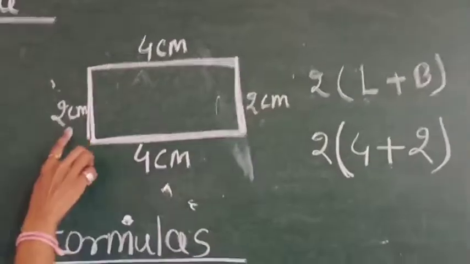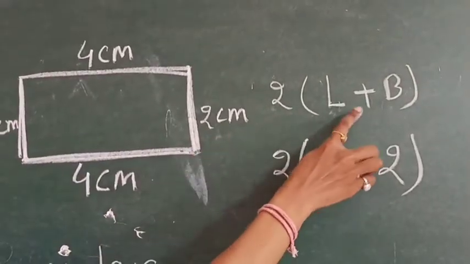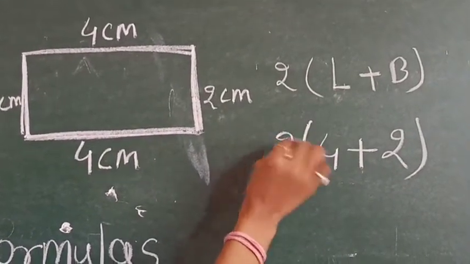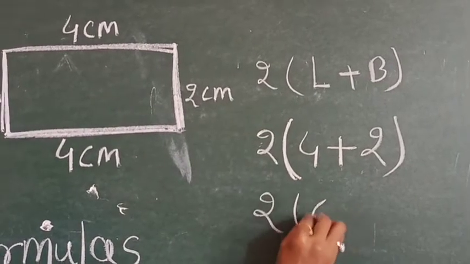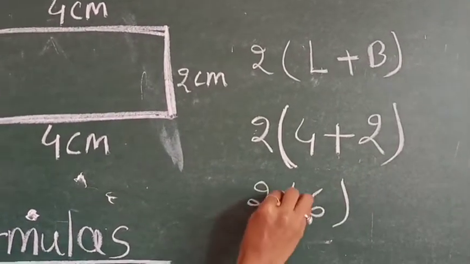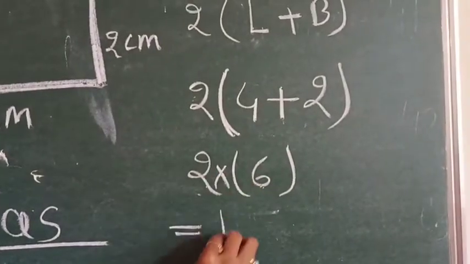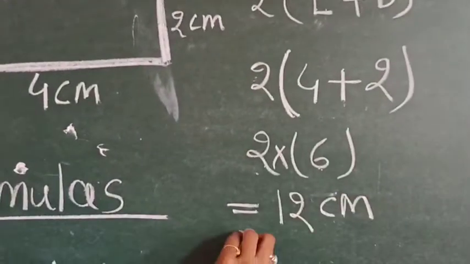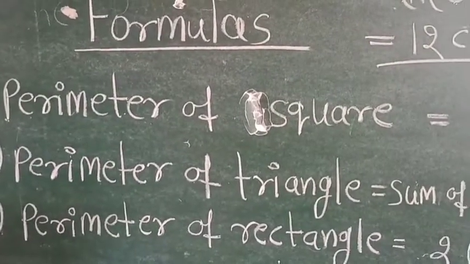Because you have 2 sides of breadth and 2 sides of length. That is why you write 2 here. Add both of these, 4 and 2, which is 6. Multiply 2 with 6. What do you get? 6 twos are 12. You have to write the unit also. So this is your answer for the perimeter of a rectangle.